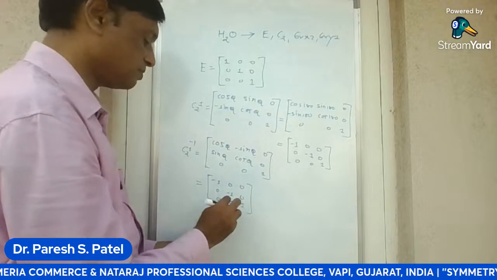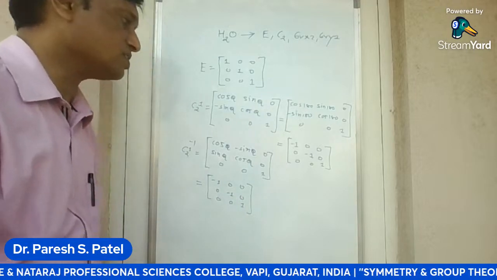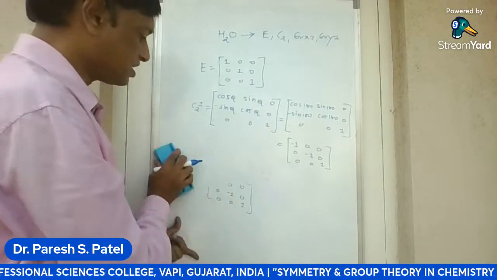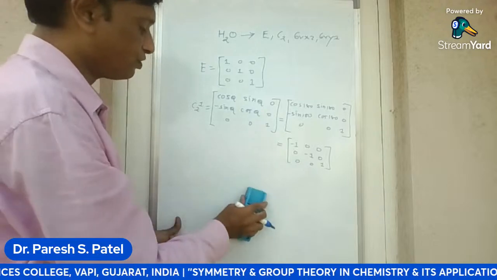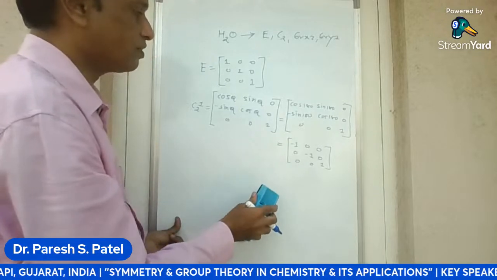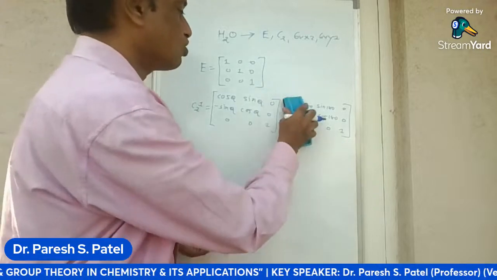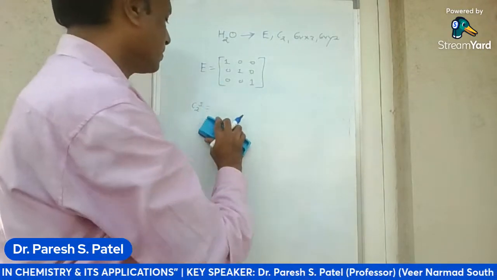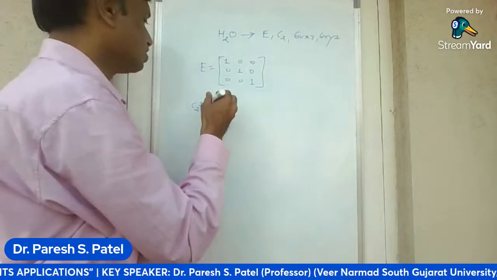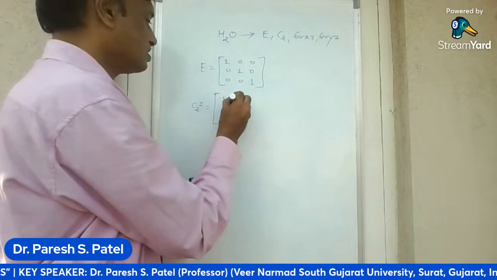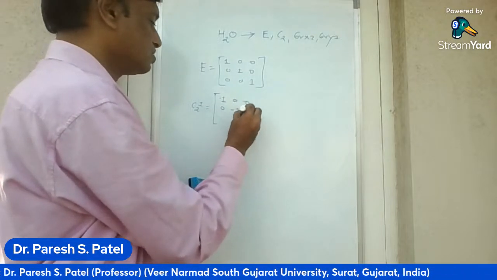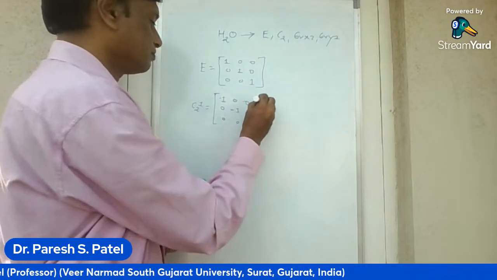So this is the matrix representation for anti-clockwise rotation. So dear students, in the case of the water molecule, if we rotate the molecule along the main principal axis, either clockwise or anti-clockwise, the matrix will be the same. So C2 is minus 1, 0, 0, 0, minus 1, 0, 0, 0, 1.